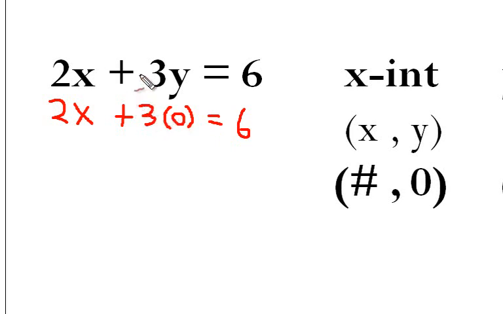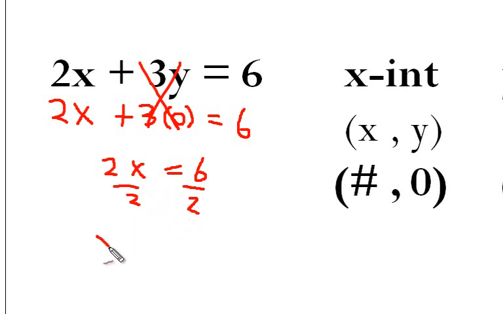This 3 times 0 will kind of cancel out. We'll end up with plus 0. So what we'll be left with is 2x equals 6, divided by 2. And we get our x-intercept equals 3.